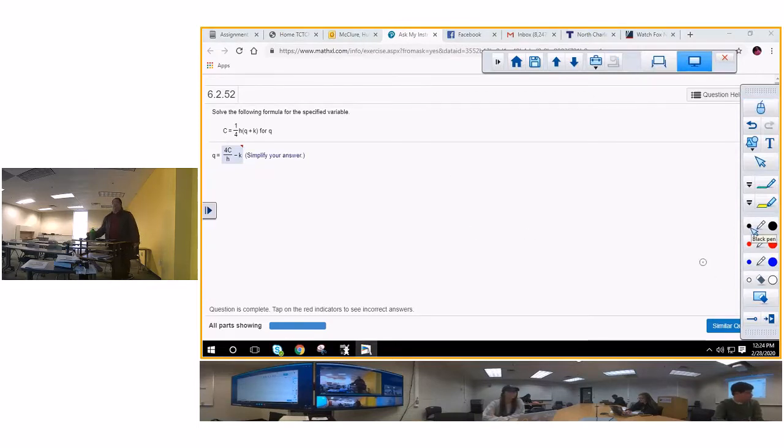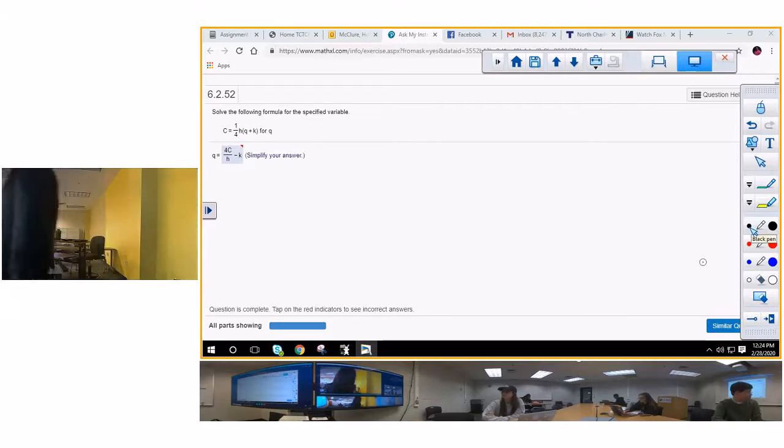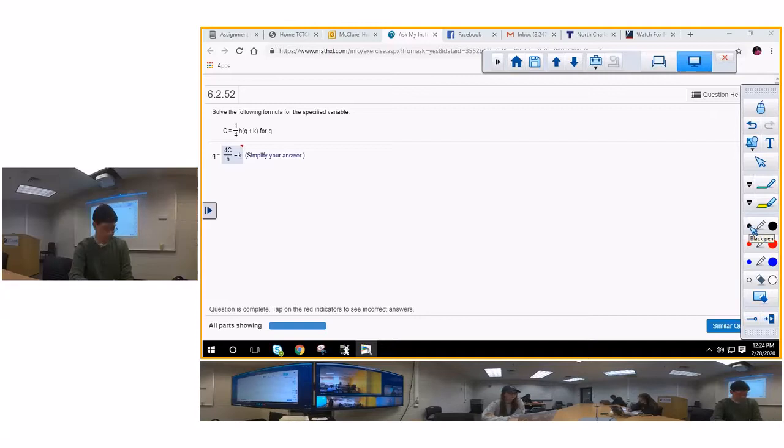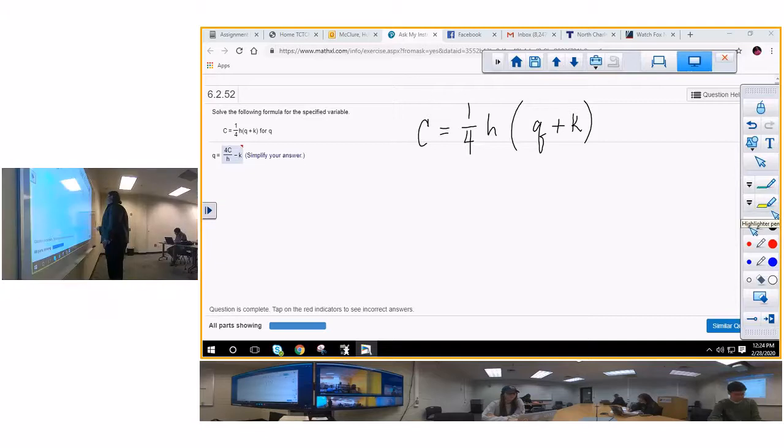All right, you're solving. But what are we going to do first before we even start? Get rid of the fractions. C is equal to 1/4 H times Q plus K. And I'm not even looking at what I'm solving for because I got to get rid of that fraction.